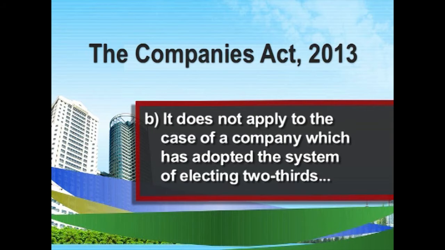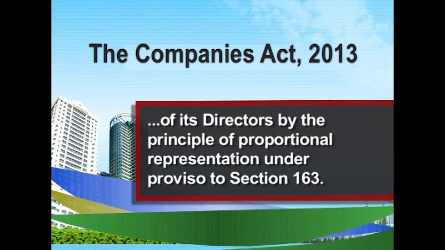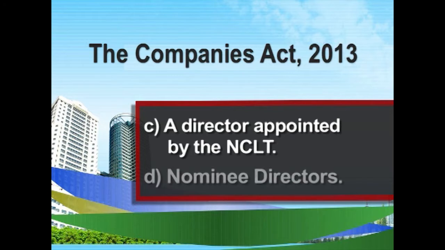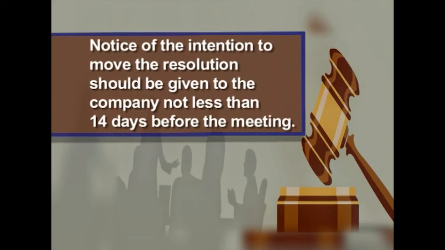It does not apply to the case of a company which has adopted the system of electing 2/3 of its directors by the principle of proportional representation under proviso to section 163. A director appointed by the NCLT. Nominee directors.